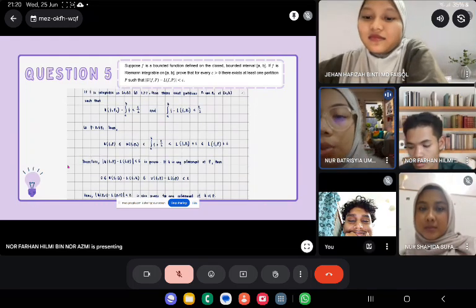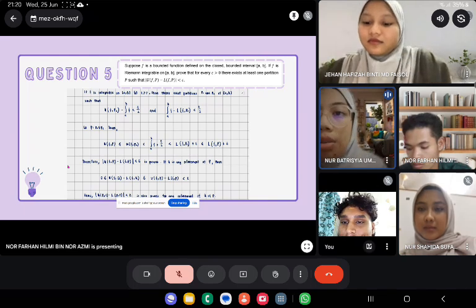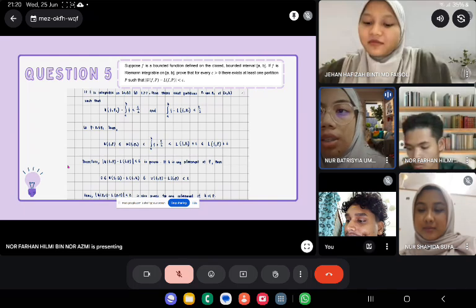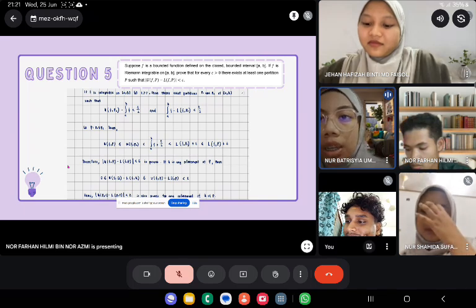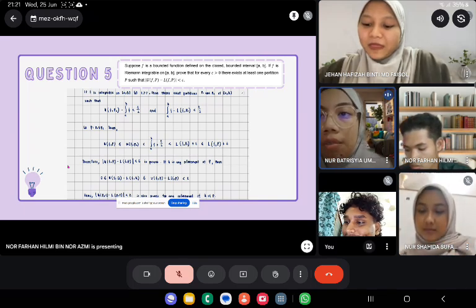So the last question is, suppose f is a bounded function defined on the closed bounded interval [a, b]. If f is Riemann integrable on [a, b], prove that for every epsilon greater than 0, there exists at least one partition P such that U(f, P) minus L(f, P) is less than epsilon.